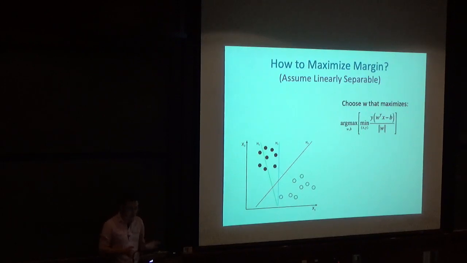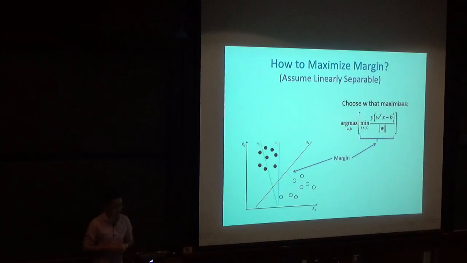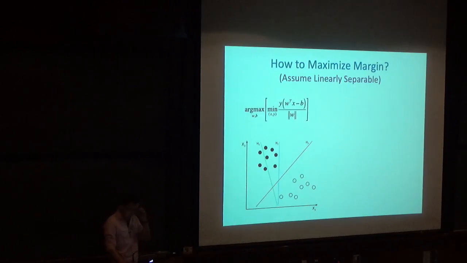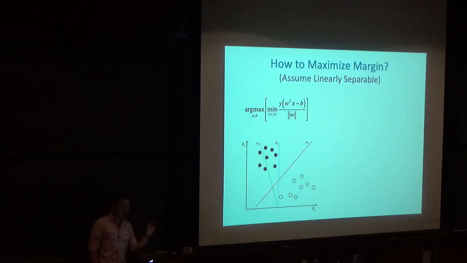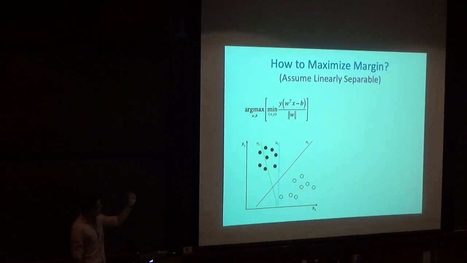This looks a little bit like the machine learning problems that we've seen before. At least there's some maximization or minimization going on. But it's also quite challenging. To see that, note that one of the free variables we're optimizing, W, appears in both the numerator and the denominator of this objective function.